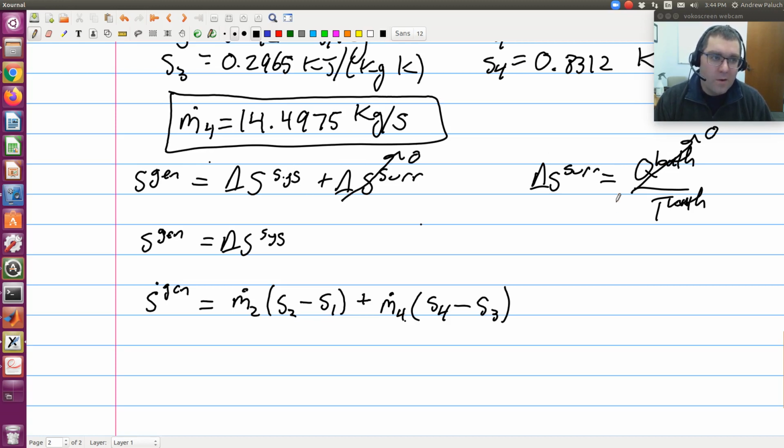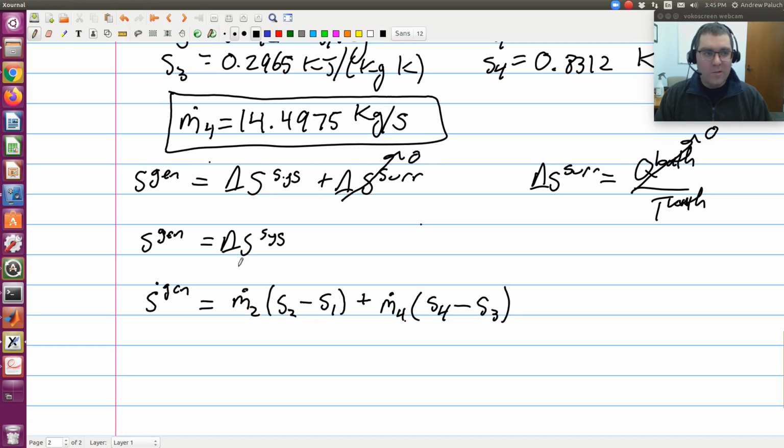The key here is that my system is my heat exchanger, which is made up of stream 1, 2, and 3, 4. We're told that there's no heat exchange between my system and surroundings. So delta S of my surroundings is going to be 0, since the heat released to our surroundings is 0. So Q bath is 0, so delta S of surroundings is 0. So we're left with just Sgen equal to delta S of system.